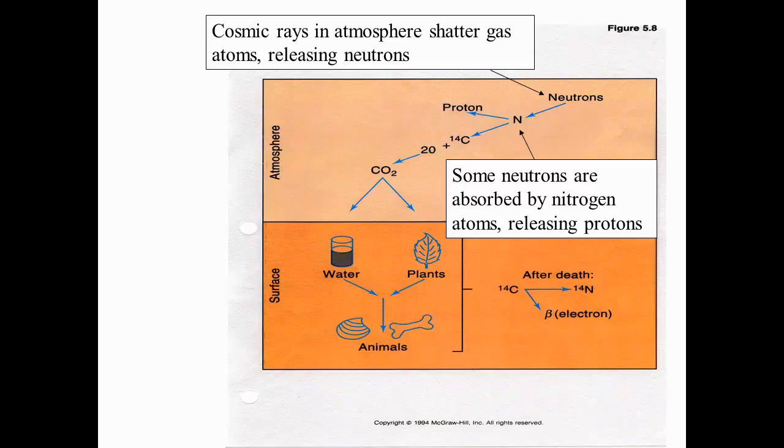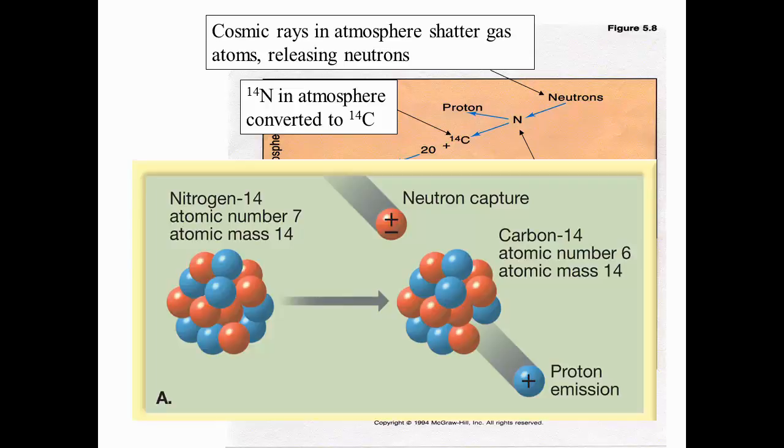And when these neutrons are absorbed, the nitrogen kicks out a proton and in this way converts into carbon-14. And this is the general process. Here we have nitrogen-14 capturing a neutron, kicking out a proton, and in the process, nitrogen-14 is converted into carbon-14.